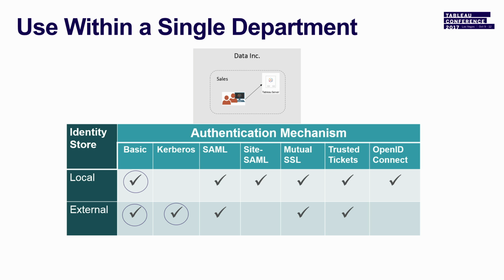So the most common case we see in these scenarios is basic auth, as Kevin talked about, that it's very simple. It gets you up and running very quickly without a lot of understanding of how different auth mechanisms work, and how it will work with your larger organization. So it's something that's used very commonly, but you can see all other options are available.